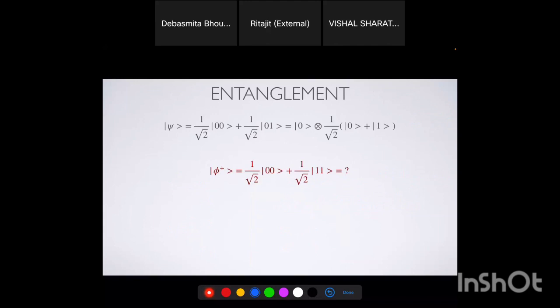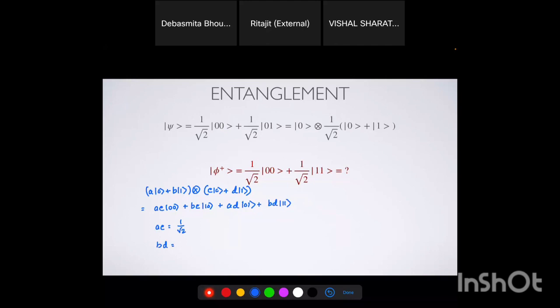So let's suppose that you can, and the first qubit will have the form A0 plus B1, and the second qubit will have the form C0 plus D1. We need to just find out what A, B, C, D are. So we have AC 00 plus BC 10 plus AD 01 plus BD 11.